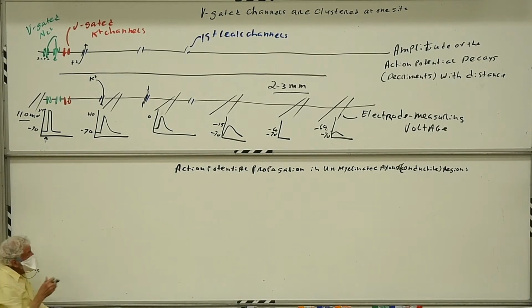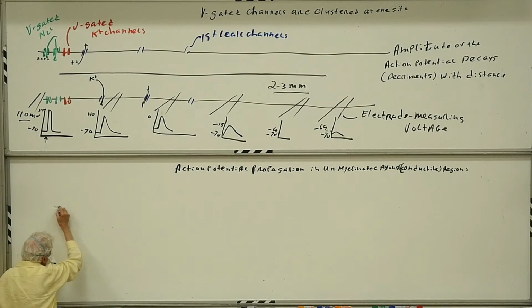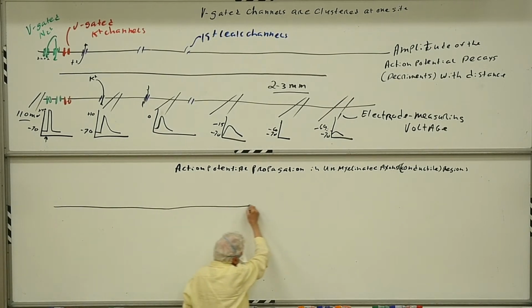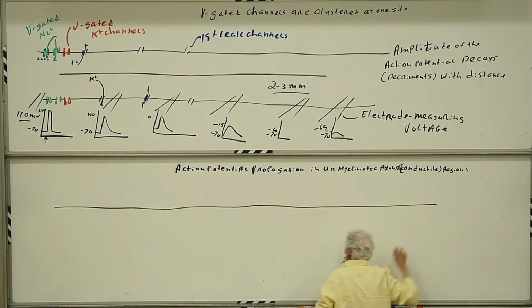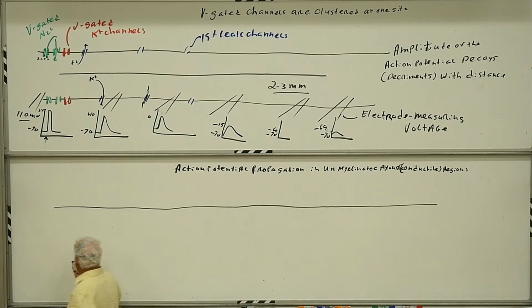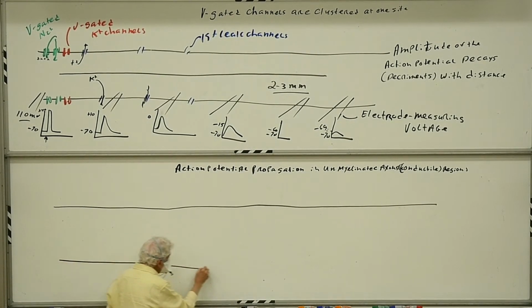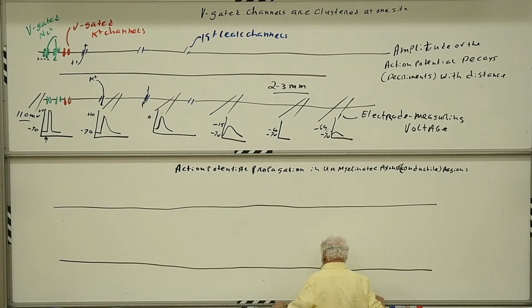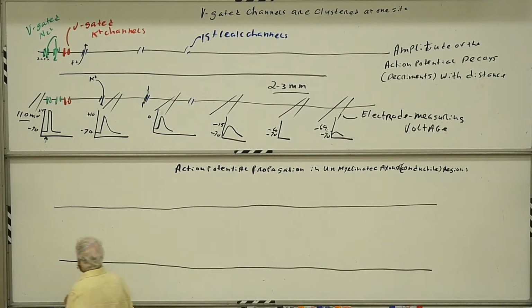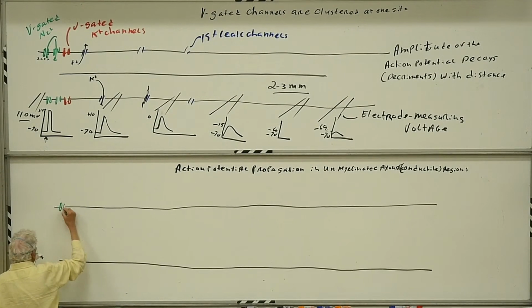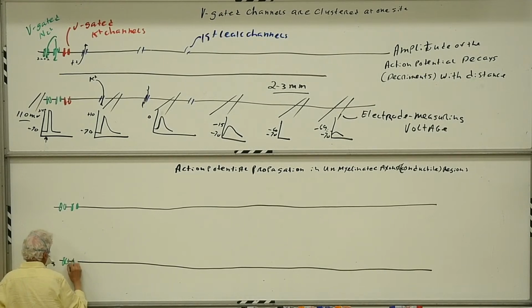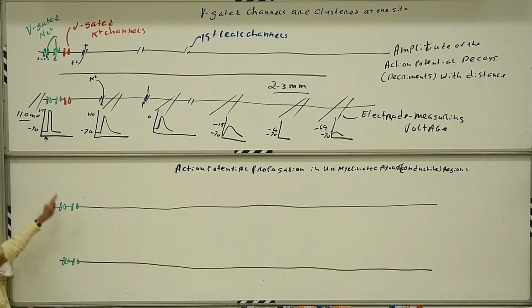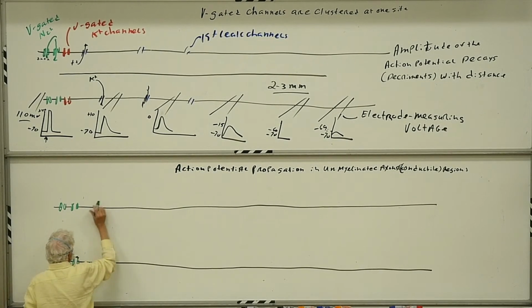So how do we regenerate the potential? Well, simply, we can again draw the same set of membranes, the same plasma membrane. We can again imagine voltage-gated channels up here. But now, rather than restricting the position of these voltage-gated channels to one region, we're going to distribute them along the membrane.